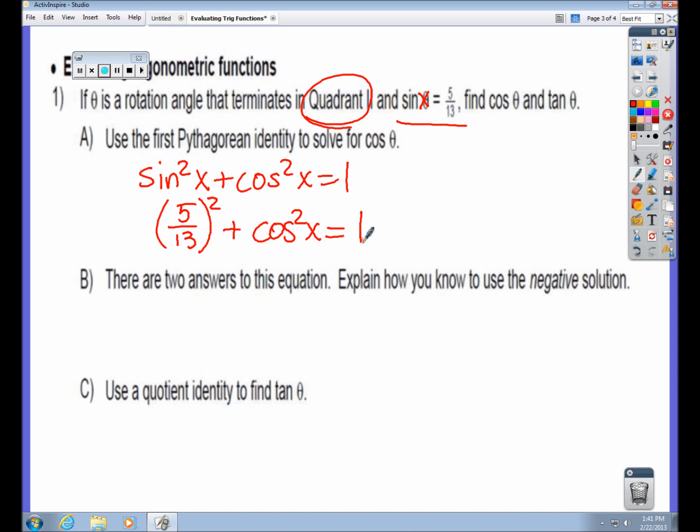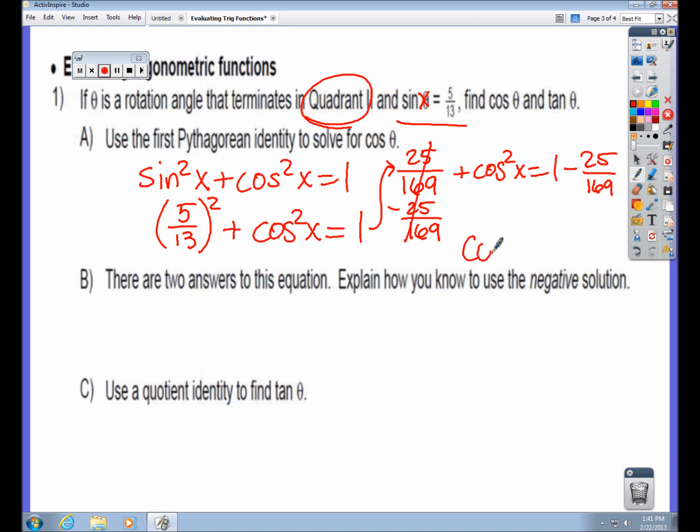So the first thing we need to do is square the 5/13. 5 times 5 is 25. 13 times 13 is 169. Now just like you would on Pythagorean theorem, we need to subtract the 25/169 from 1. To subtract fractions, we're going to need a common denominator.